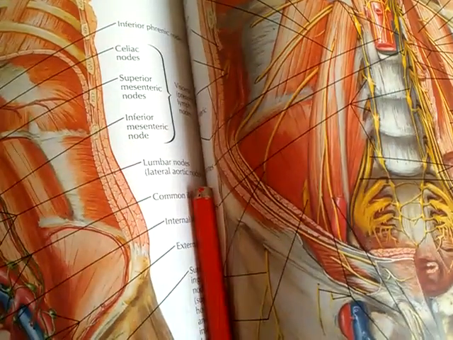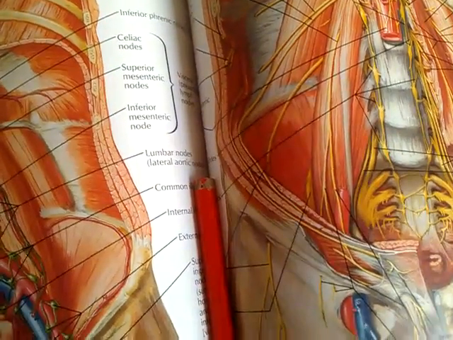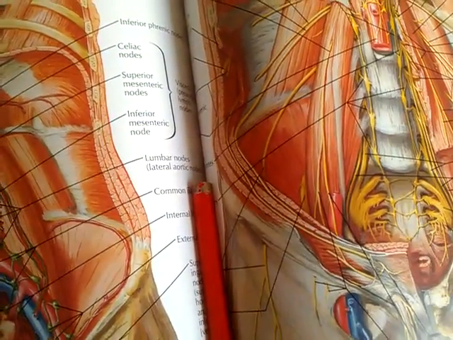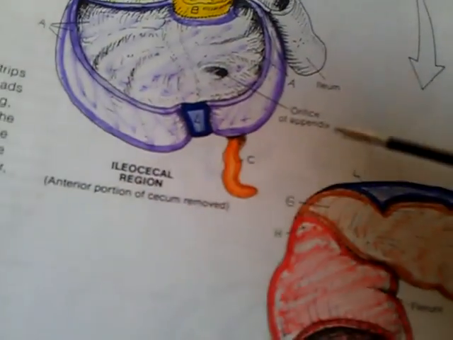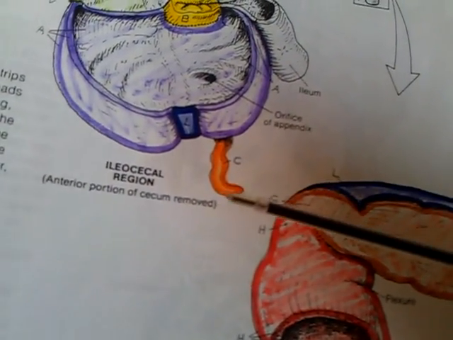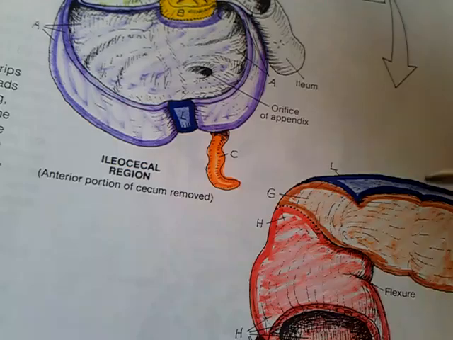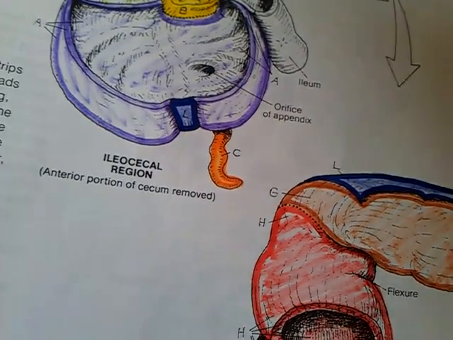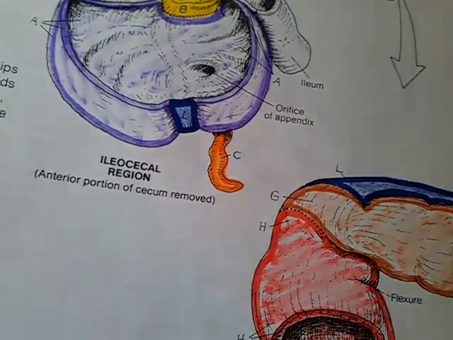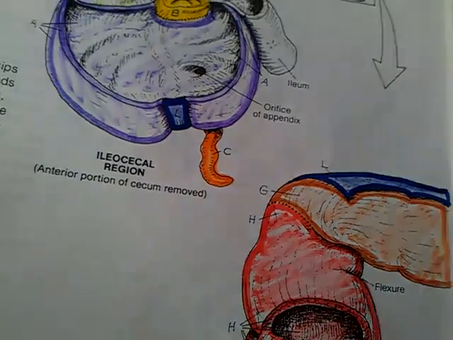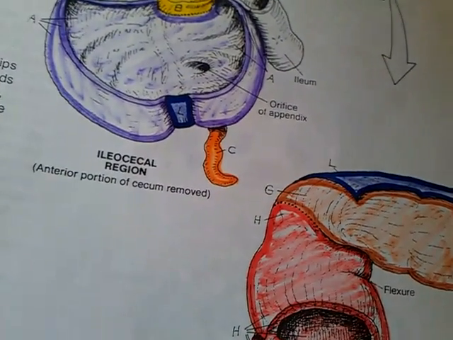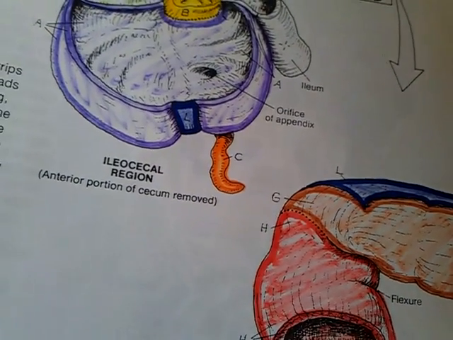Commonly the cecum is completely covered by peritoneum, so it's intraperitoneal. Now the vermiform appendix is a narrow tube. It arises from the cecum and varies in position. It could be retrocecal, pelvic, and so on. It has a small mesentery called the mesoappendix.